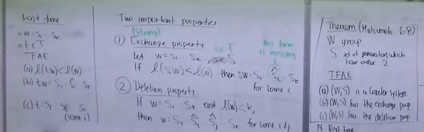The reflections T that shorten W, by which I mean that the length of TW is less than the length of W, are S1 up to Si down to S1 for 1 less than or equal to i less than or equal to k. This is one way to describe them.